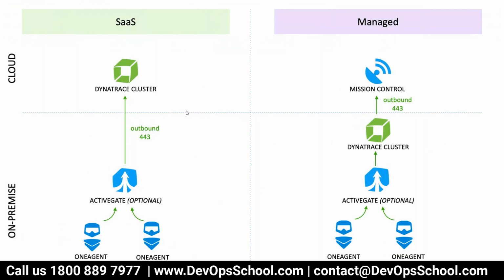So OneAgent, which is on premises, is sending all the data to the Dynatrace cluster. Now on the right side, if you look at this managed one, there is one component which is called Mission Control. So what is this Mission Control? Mission Control basically will help you deploy multiple Dynatrace clusters. If you have a pretty large organization where you need multiple Dynatrace servers, you can call them clusters here, and in that case Mission Control will help you.